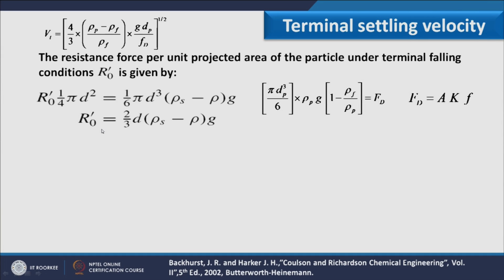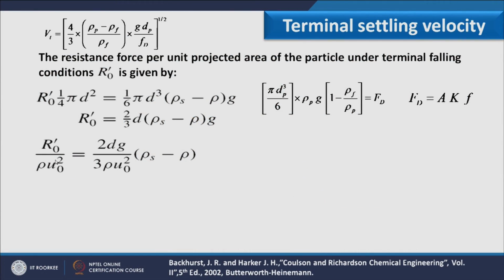Now, using this particular expression we can find the expression of Rho dash, which is 2 by 3 d, rho s minus rho, into g. This is the expression of the resistance force on the particle, and further we will consider this expression, and divide both sides of this equation by rho u naught square.